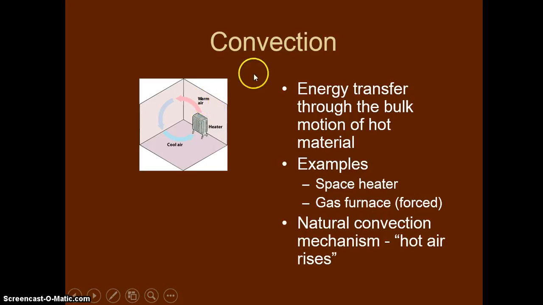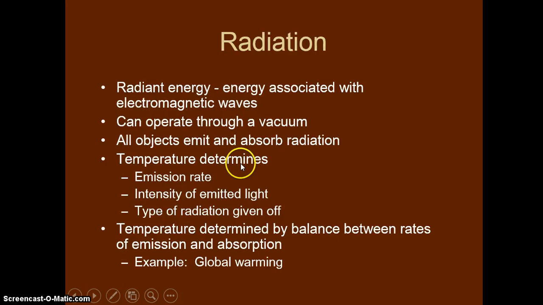For example, this convection is generally with what we call fluids, which can be considered gases like the air, or even liquids, like if you're boiling water, the hot water rises and then it cools off, and so you get these what are called convective currents. So that's convection.